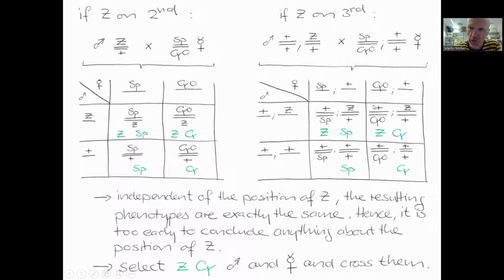But phenotypically, these flies here are exactly the same as these. We do not choose these because sternoplural is not the balancer chromosome. It's just the dominant marker on a wild-type chromosome. So curly is the balancer. We want to combine Z with the balancer chromosome.